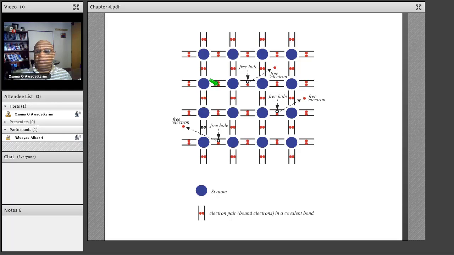These electrons at 0 Kelvin are all in the bonds. So they are all in the valence band. They are all filling the valence band, so the valence band is completely full, and there is no conduction, there is no electric current. Now, let's increase the temperature of this silicon. We are assuming that this silicon crystal is a pure silicon crystal, nothing but silicon.